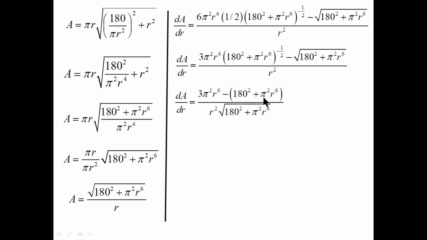So in putting it under there, I've also divided this term by the square root of 180 squared plus pi squared r to the 6th. So I must multiply this by square root 180 squared plus pi squared r to the 6th, so that undoes the effect of dividing it. Now that's a bit wordy. Maybe it's clear if you look at this.